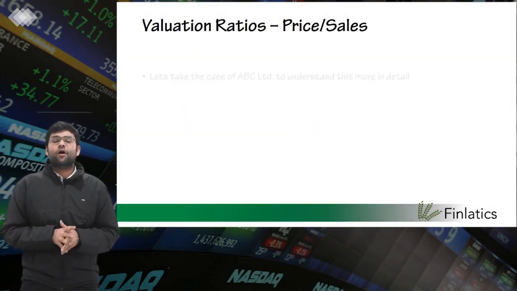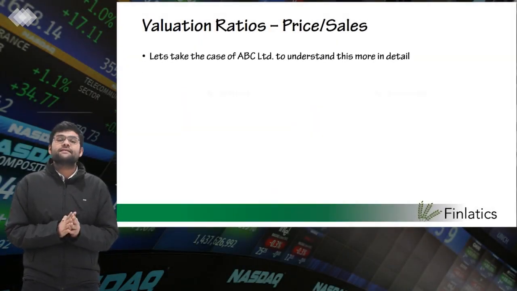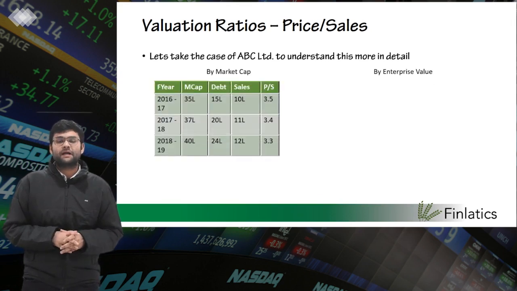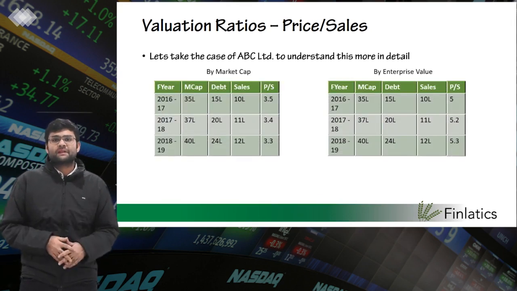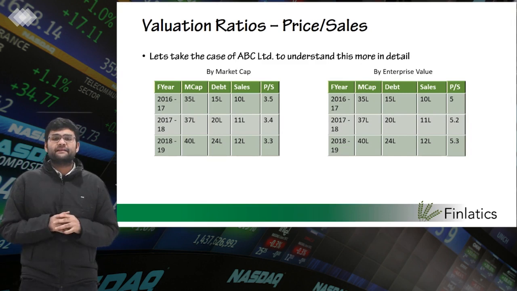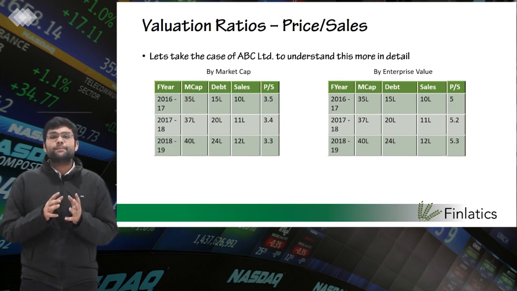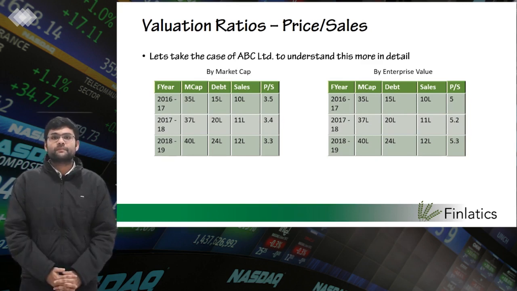Let us take the case of ABC Limited to understand this more in detail. As you can see, in both cases depicted here, we have taken market capitalization, debt, and sales to understand and study the price to sales ratio.